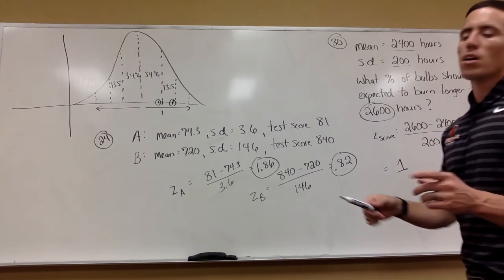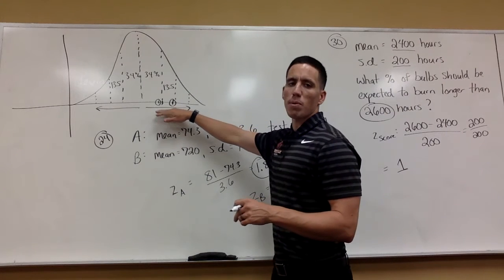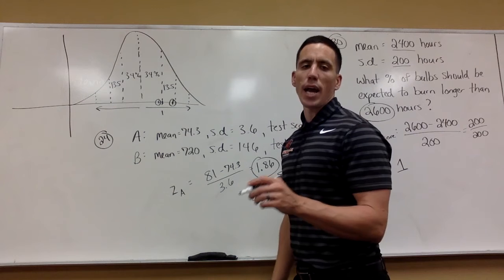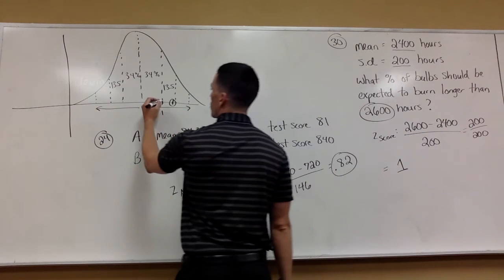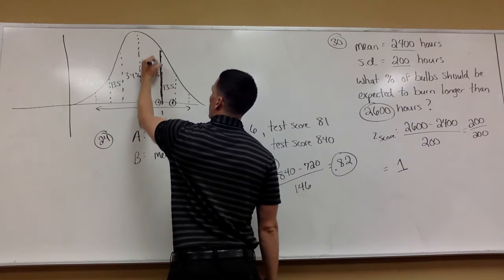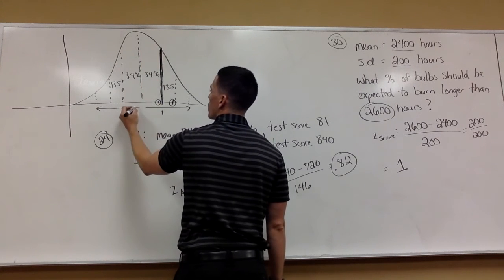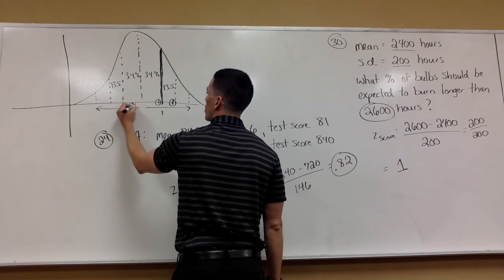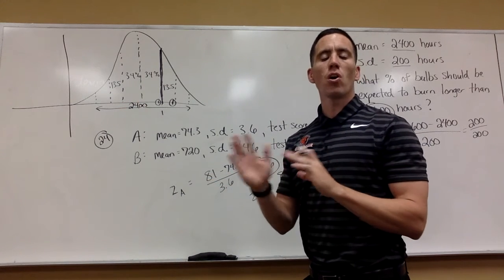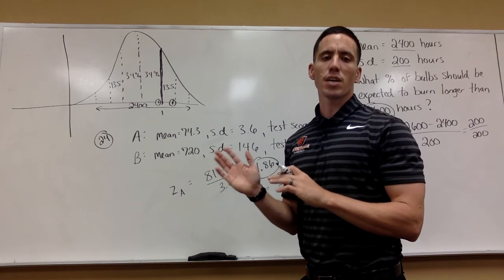To answer that, we're going to use this chart that we've been coming back to over and over again in our book. So if 2,600 hours is 1 standard deviation above the mean, it's right here. Here's 2,600 hours. Here's the mean of 2,400 hours. The question is, how many bulbs burn longer than 2,600 hours?